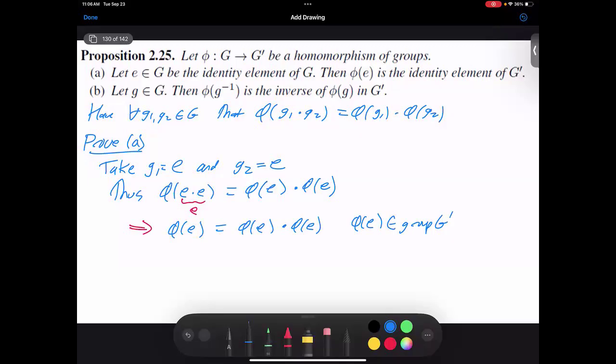What could I multiply both sides by? I'm trying to show that phi of E is the identity. What could I multiply both sides by to cancel this?